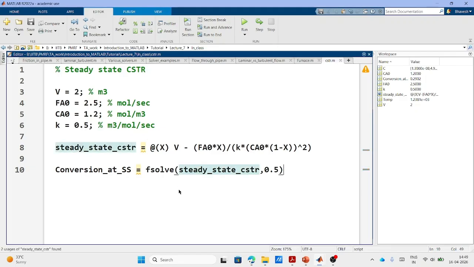So let's create just a small, simple for loop which says volume V changes from 1 to, let's say, 25 at an interval of 0.5.